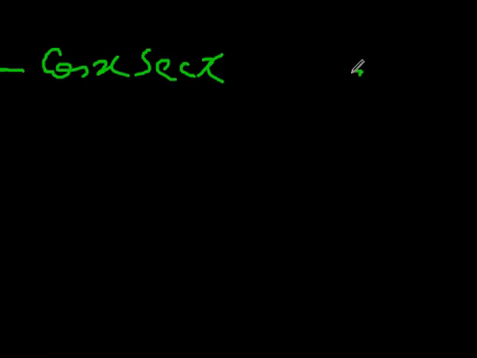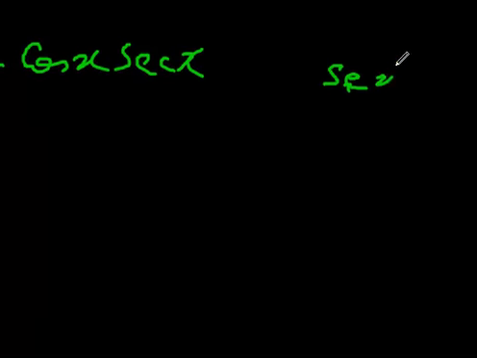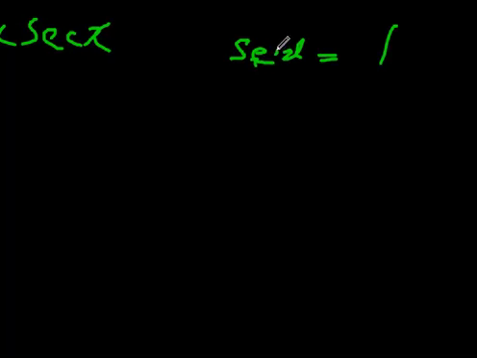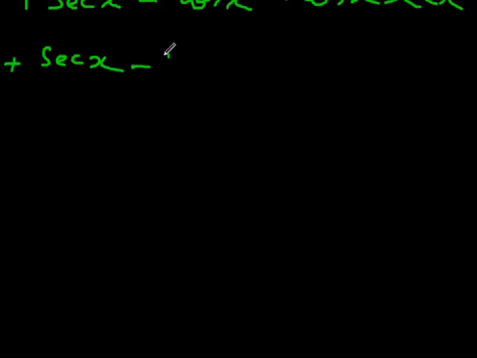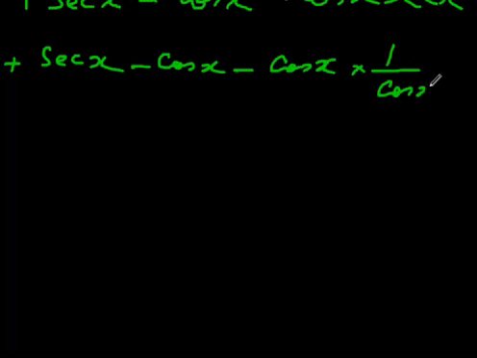Now we know that sec of x is 1 over cos of x, don't we? So if I sub that here, what would I get then? 1 plus sec x minus cos x minus, that will be cos x times 1 over cos x.